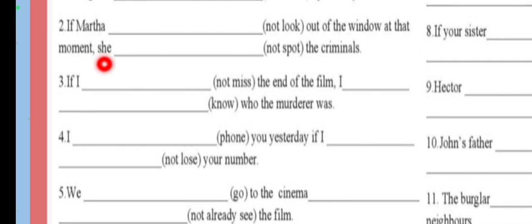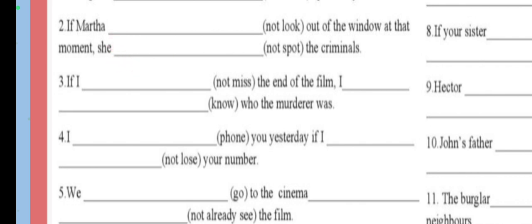So it will be she would have not spot the criminal. Okay, that's great. Just remember the past participle of spot is spotted. This is a regular verb, and be careful. No, it is not. She would have not. It is she would not, or she wouldn't.